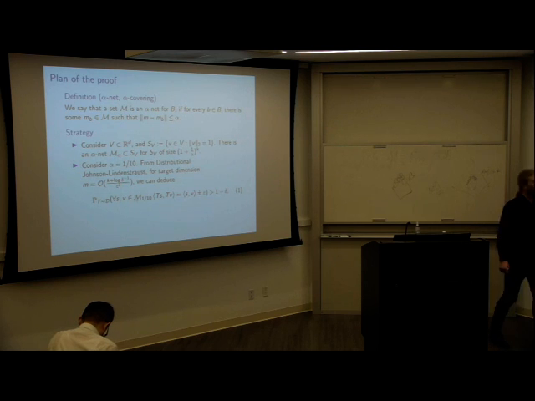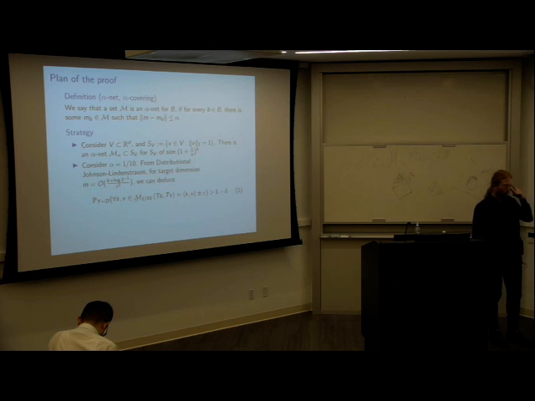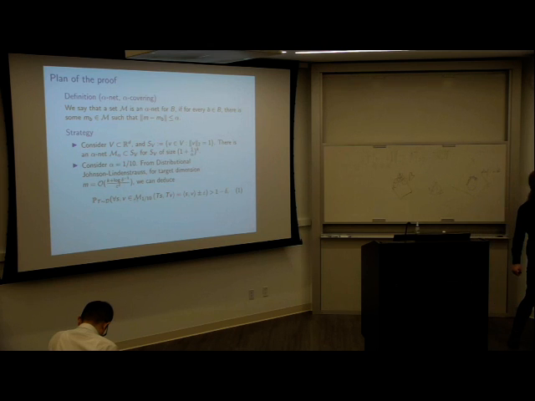I'm going to need a little bit more. What I'm going to show is that if all I know about my Johnson-Lindenstrauss matrices is that they preserve norms of those vectors, they also have to preserve all the inner products between pairs of those vectors.